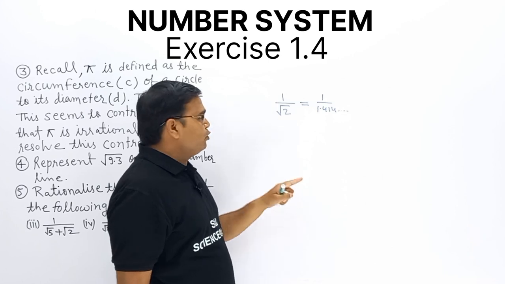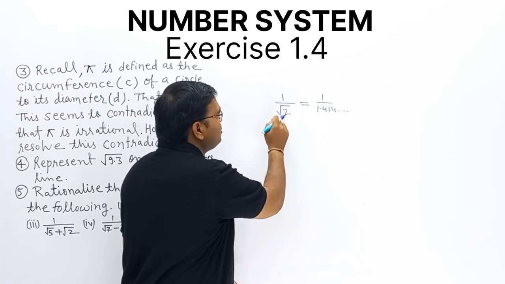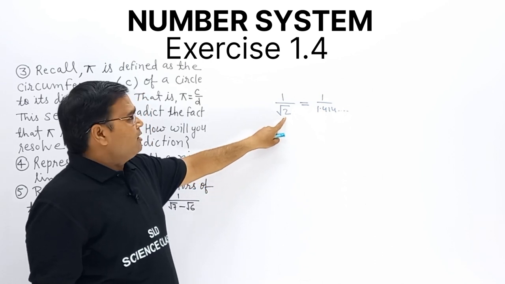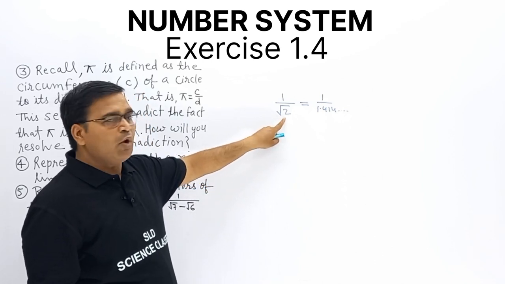So we want to remove this square root term, this radical term, from the denominator.